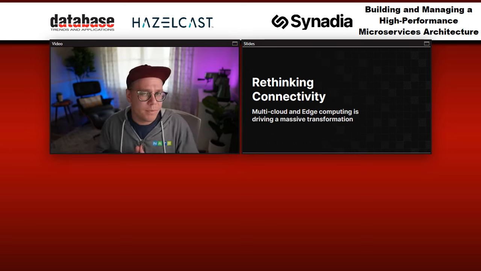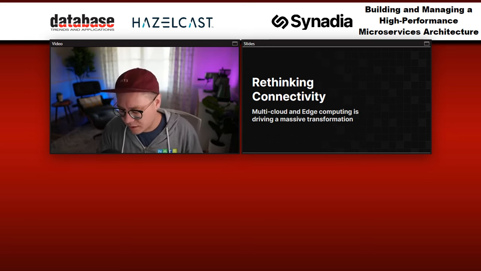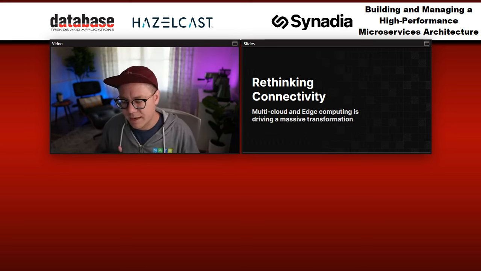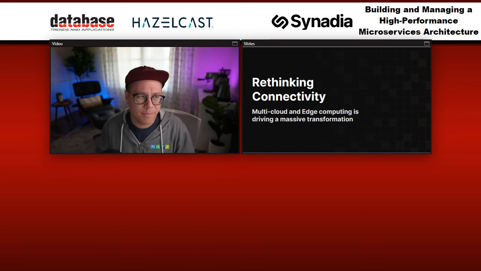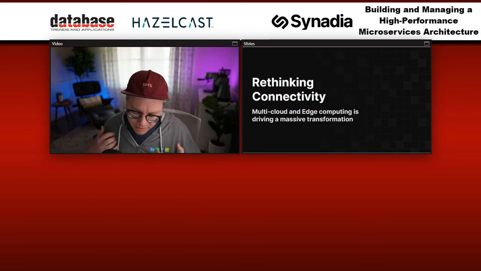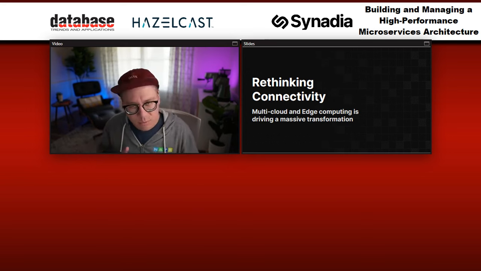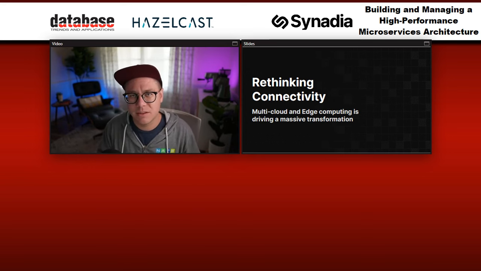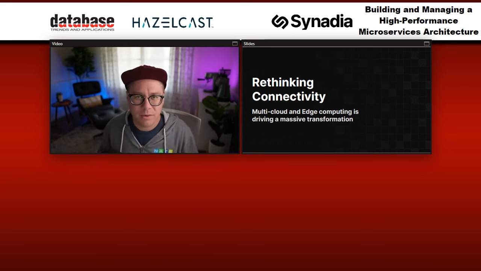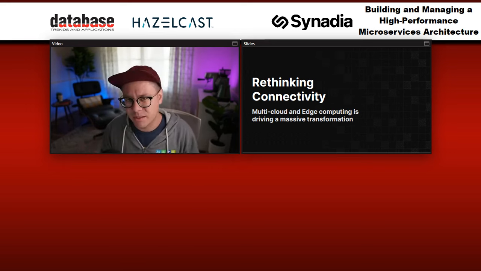At Synadia, one of the things we talk a lot about is this idea of rethinking how things connect to each other. One of the things really driving this discourse for us and a lot of other organizations we work with is things like multi-cloud and edge computing. It's driving a huge transformation inside of organizations.